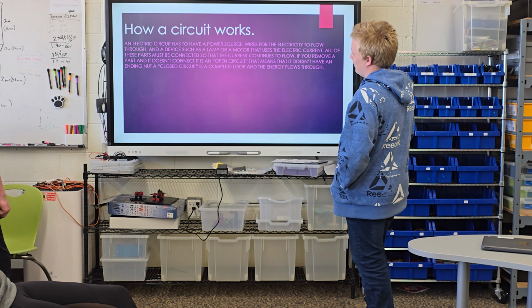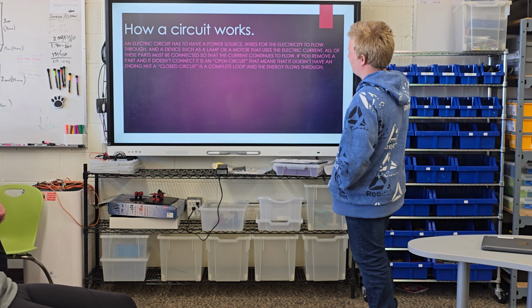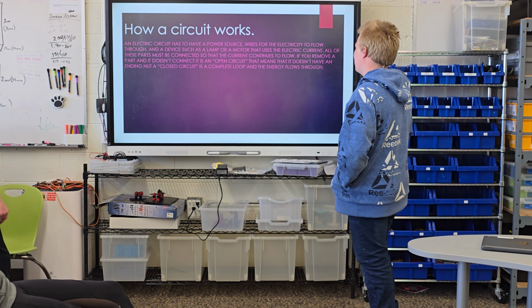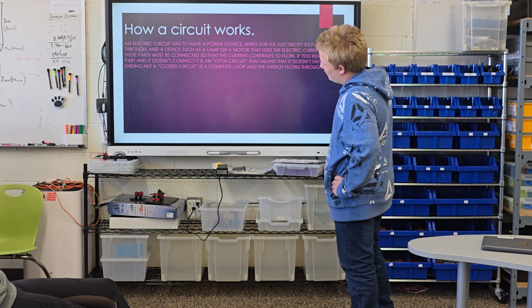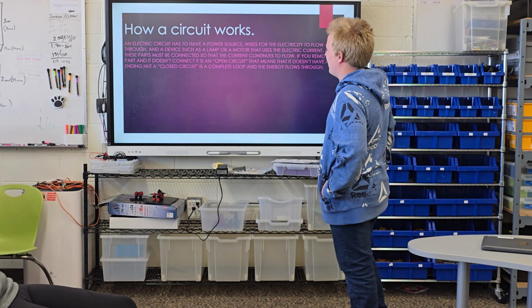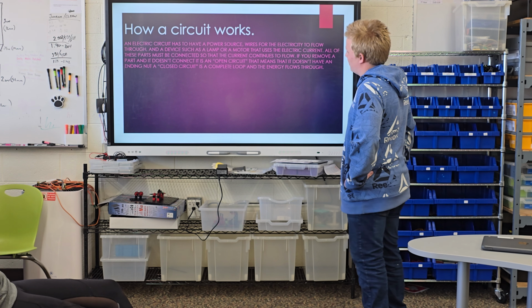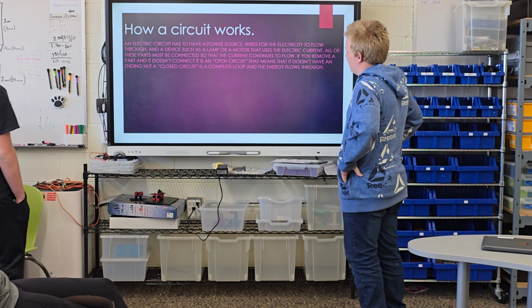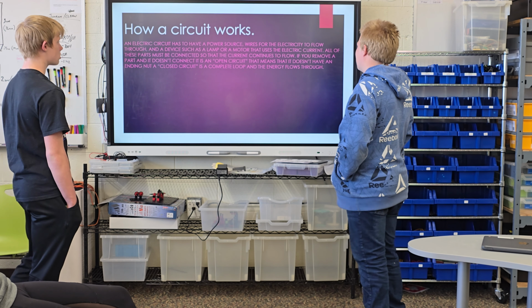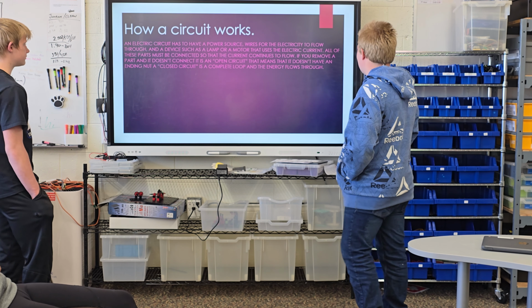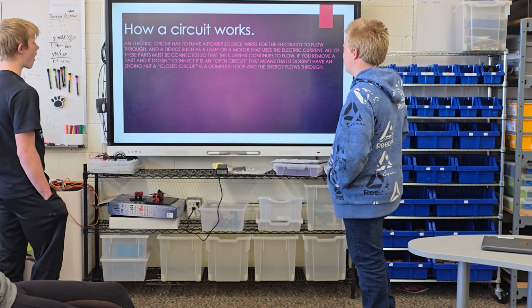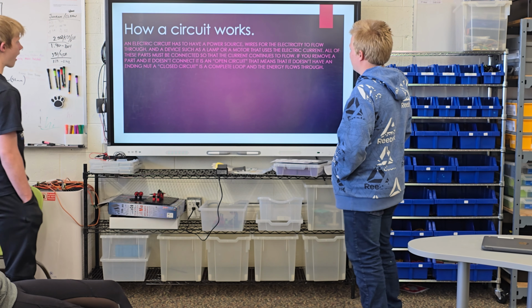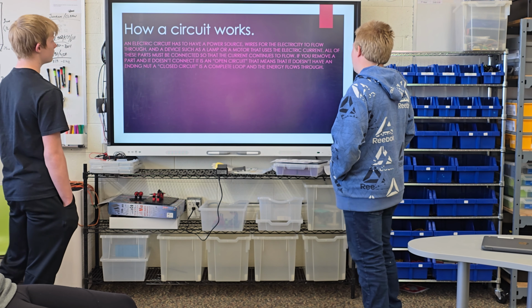Now, an electric circuit has to have a power source and wires for the electricity to flow. It runs through a device, such as a lamp or a motor, that uses the electric current, and the parts must be connected so that the current continues to flow.